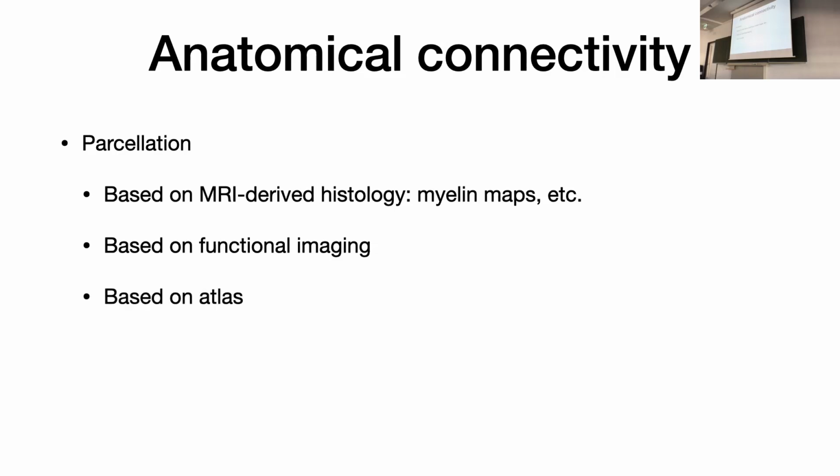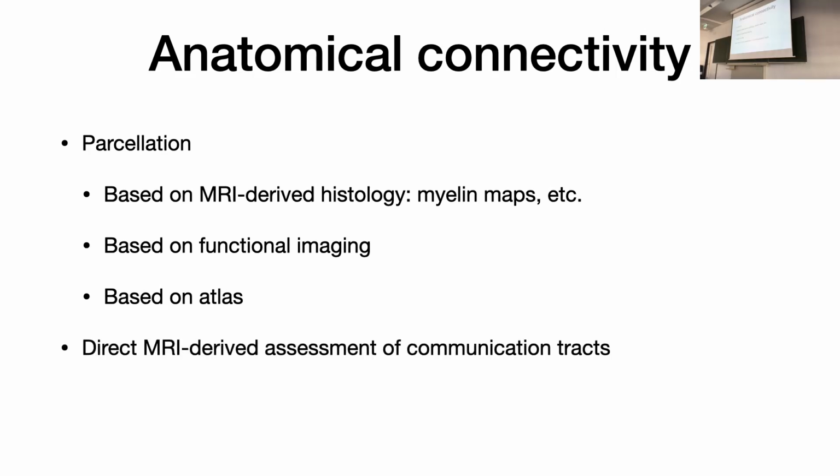You can also just say, this is part of the superior frontal lobe, right? So you base this on an atlas of anatomy. So you co-register a subject with some atlas and thereby just say, this is this region of the brain. And all these types of information can come together to designate what constitutes a region in the brain.